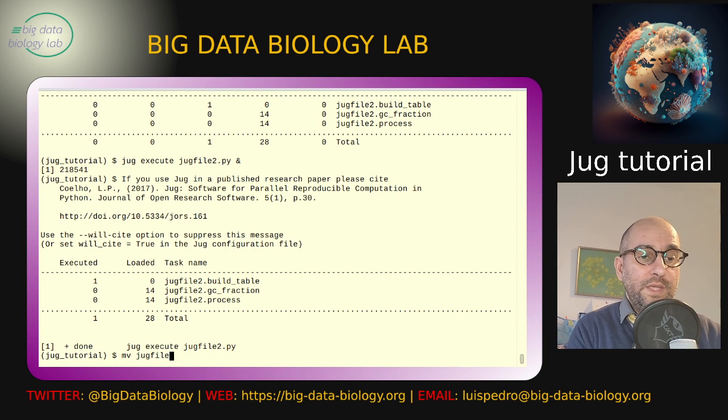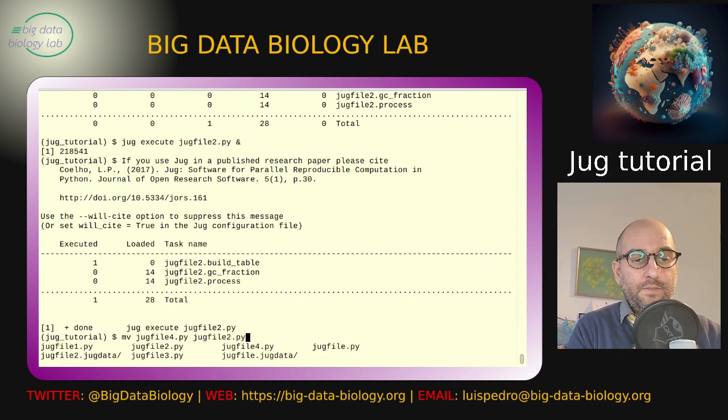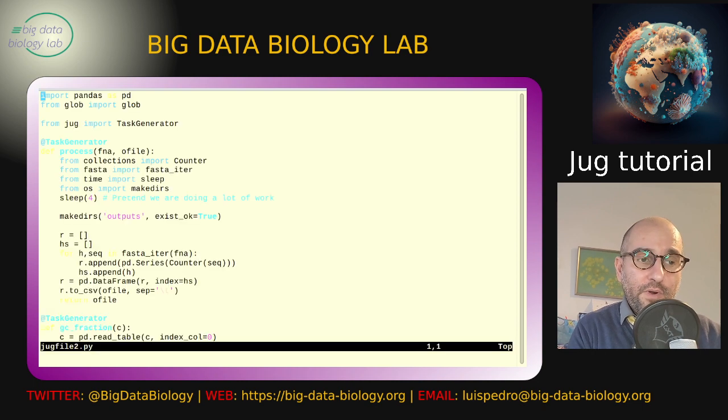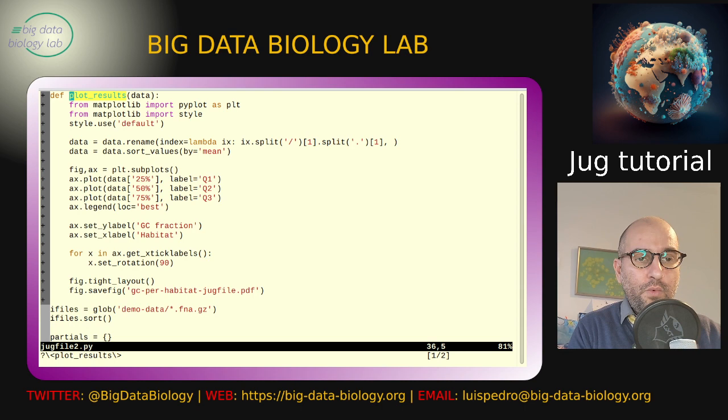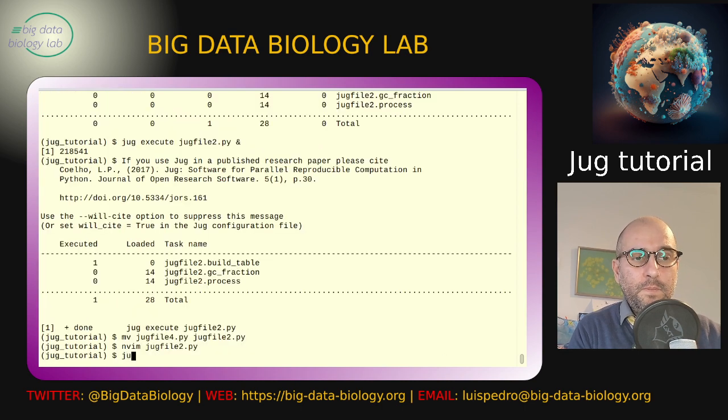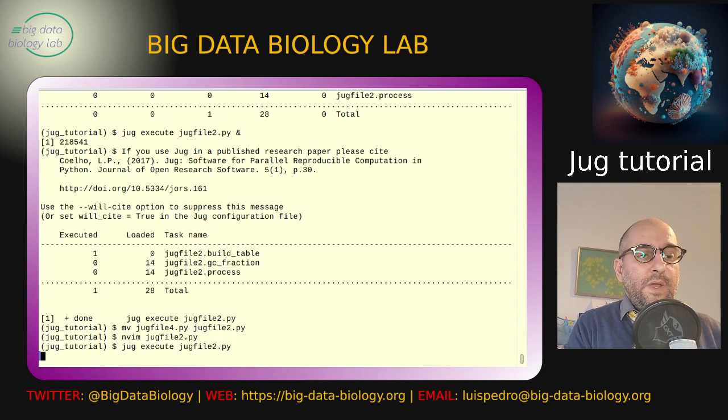And, taking this to the extreme, jugfile 4 adds a plot, and if I now add it, it's going to create a little plot. How do I add this? Takes a little bit.